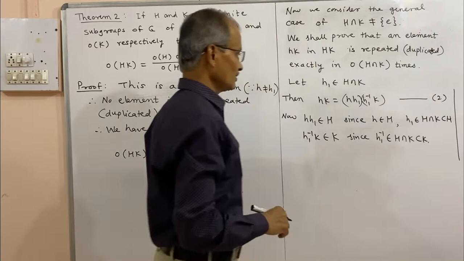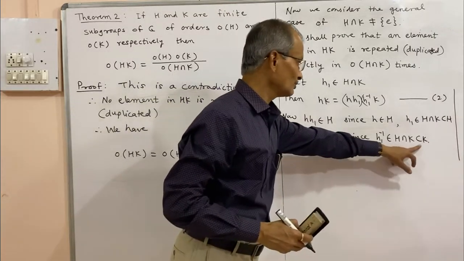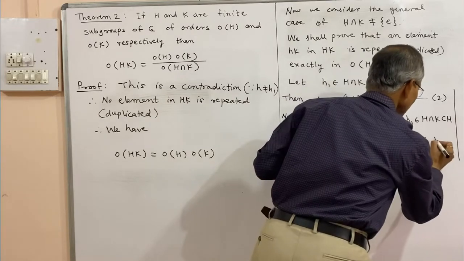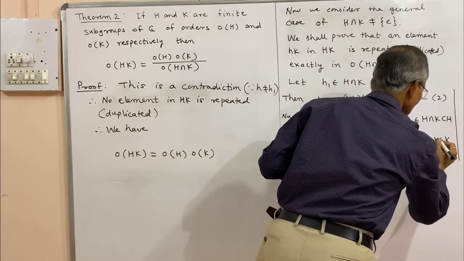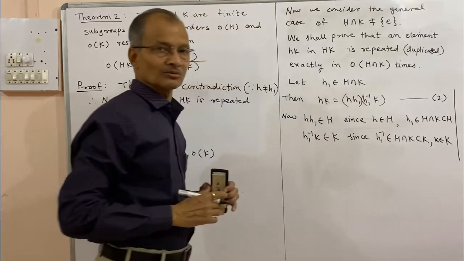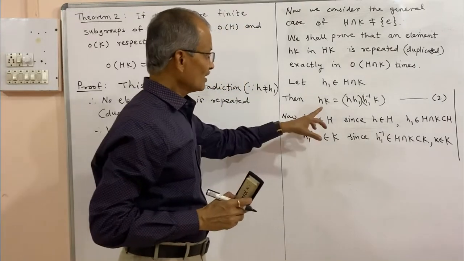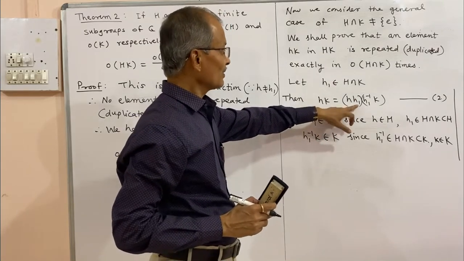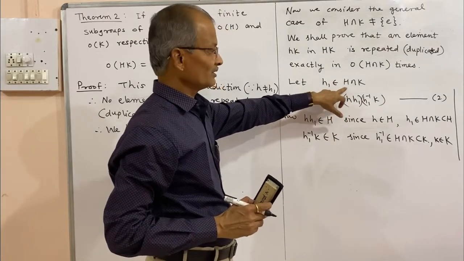And this H1 inverse belongs to K, and small k belongs to K, and therefore H1 inverse k belongs to K, and thus this HK is repeated at least order of H intersection K.